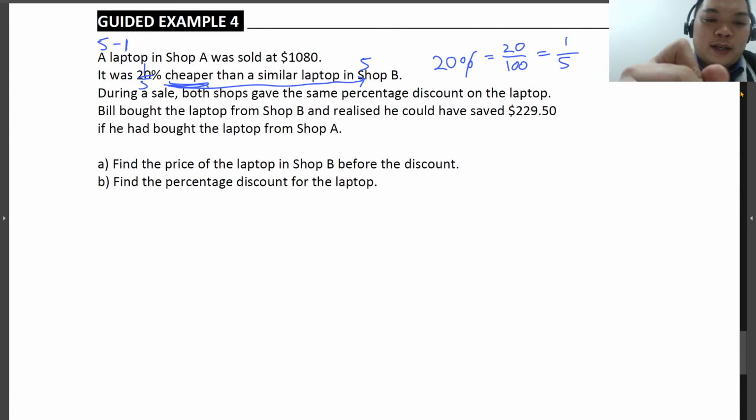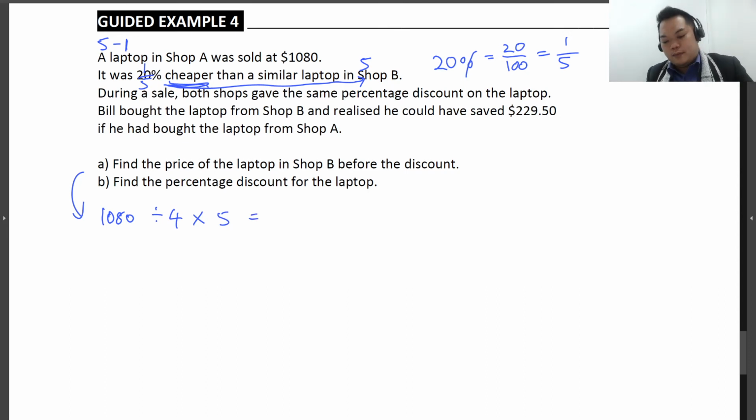So the shop A's laptop should cost 4 units. So think of it this way. To find out the price of the laptop here, this would just be 1080 divided by 4 times 5. That will give you 1350.